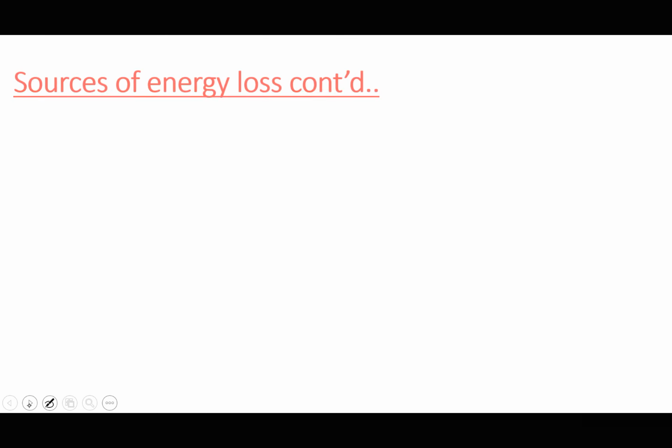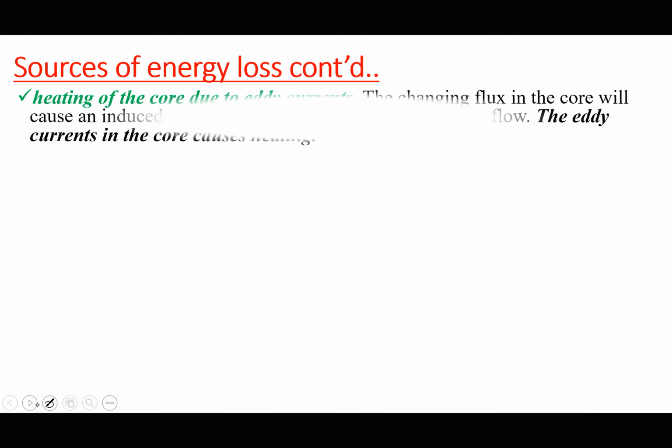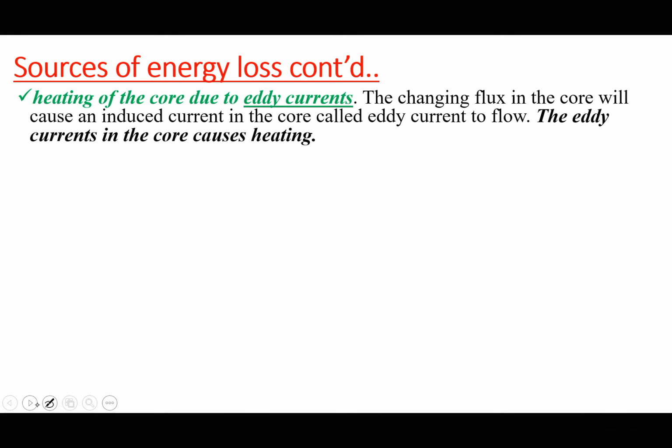Okay, more sources of energy loss. Number three is heating of the core due to eddy currents. I've already talked about eddy currents. Due to a changing magnetic field within the core itself, the changing flux in the core will cause an induced current in the core, and that induced current is what we called eddy currents.